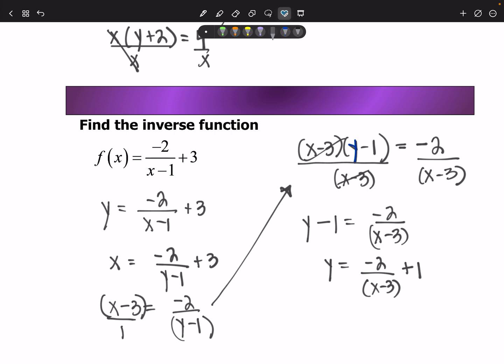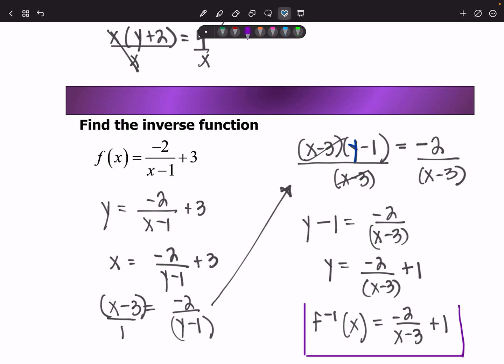And y changes back to function notation, which would be f inverse of x is equal to negative 2 over x minus 3 plus 1. And that is our final answer.